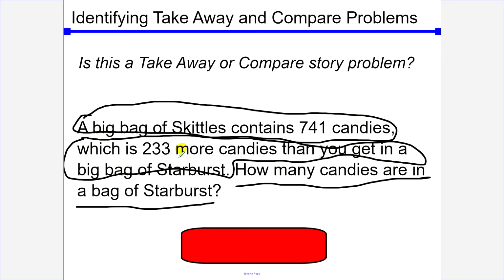That shows me that we are comparing how many Skittles there are, one amount, to how many Starbursts there are, another amount. Because I know that there are more candies in one of the bags than the other. More than are compare words that show I'm comparing two things. So I know, 3rd grade, that this problem is a compare problem.